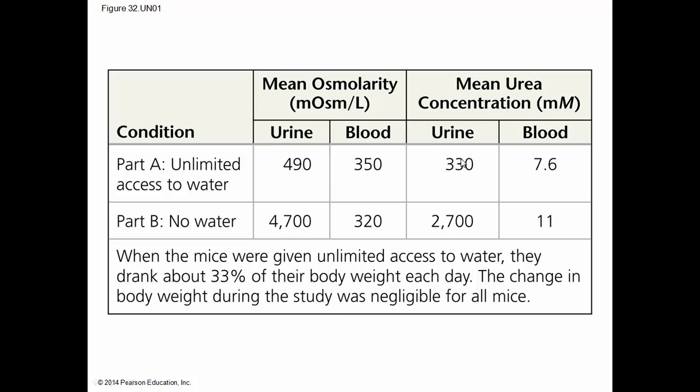The concentration of urine was low. When they had no water available, these mice were able to conserve water by increasing the urine concentration. Basically, this is like if you ever pee, you'll notice that sometimes your pee is really dark and sometimes it's really light. That's just your body trying to conserve water.